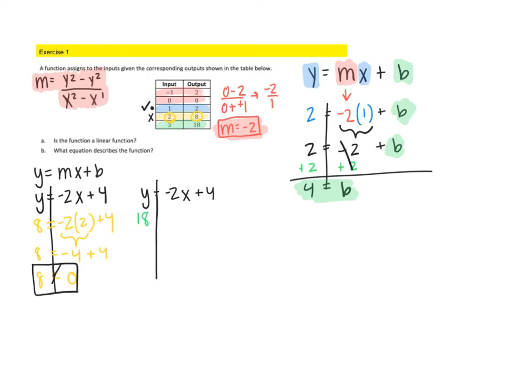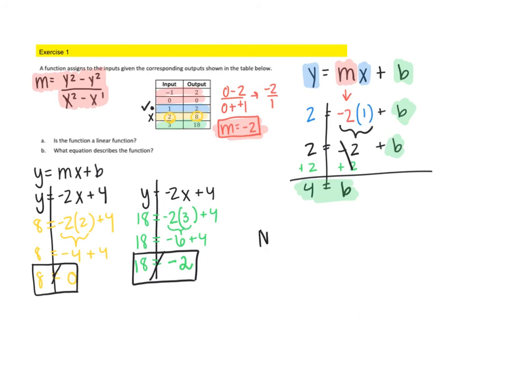So 18 is my y. 3 is my x. Negative 2 times 3 is negative 6. When I do negative 6 plus 4, I get negative 2. And that is not correct either. So, is this a linear equation or a linear function?